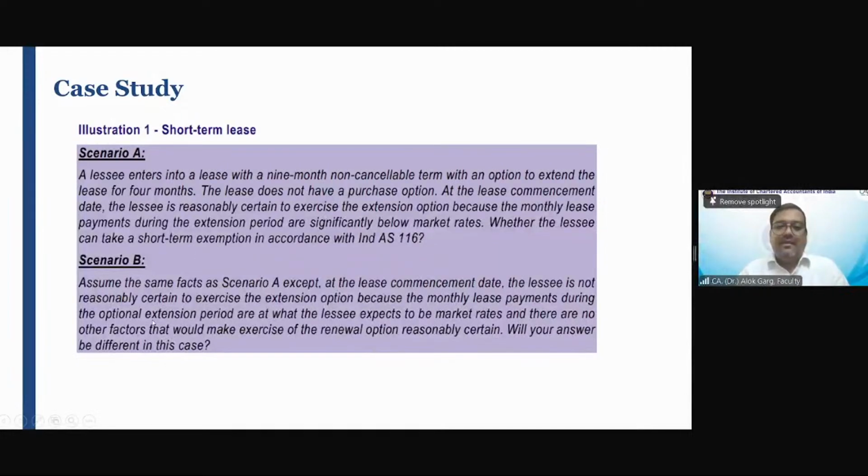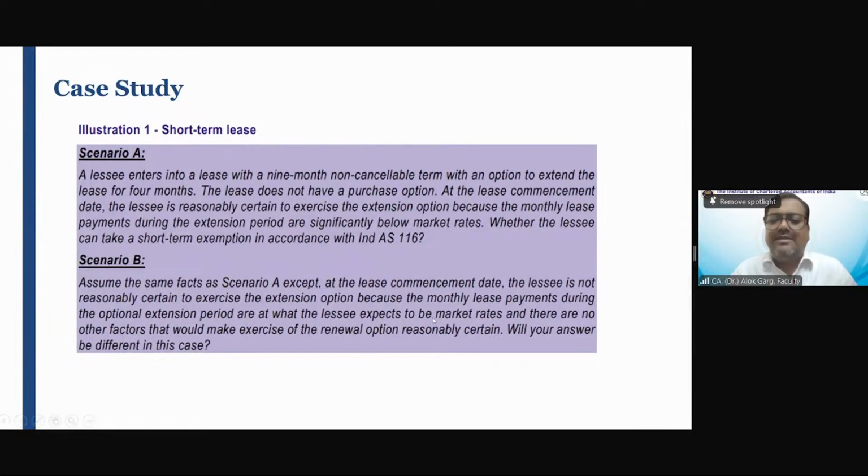Scenario B. Assume the same facts as scenario A, except that at the lease commencement date, the lessee is not reasonably certain to exercise the extension option because the monthly lease payments during the optional renewal period are at what the lessee expects to be the market rate, and there are no other factors that would make exercise of the renewal option reasonably certain.